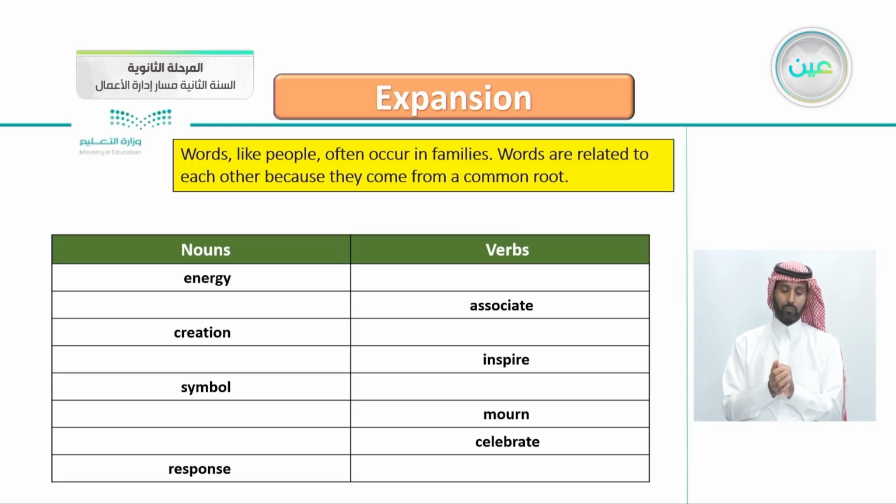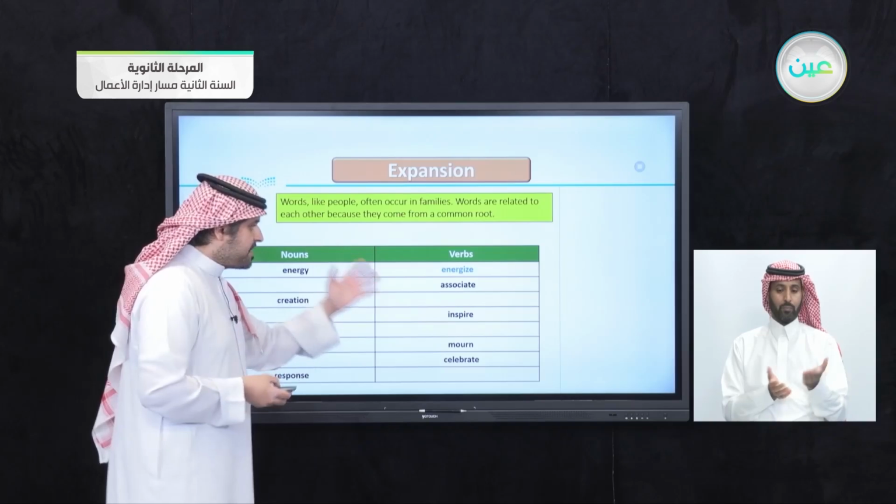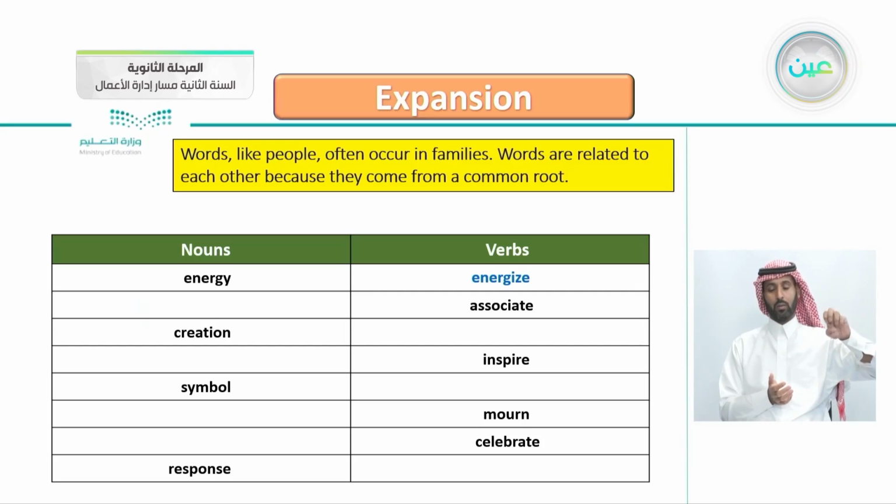In this chart, we have the nouns and the verbs. Try to write the correct word in the correct place. For example, let's answer the first one together. The noun is energy, and the verb from this noun is, yes, that's correct, energize. Energy, the noun. Energize is the verb. So now you get what I want you to do.